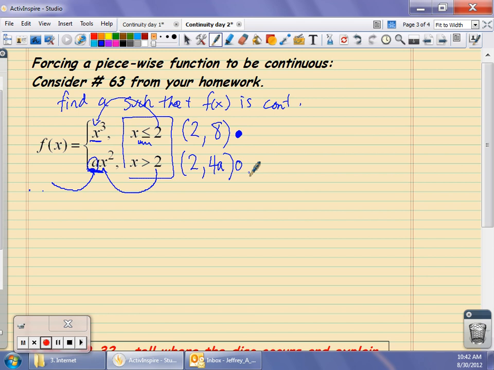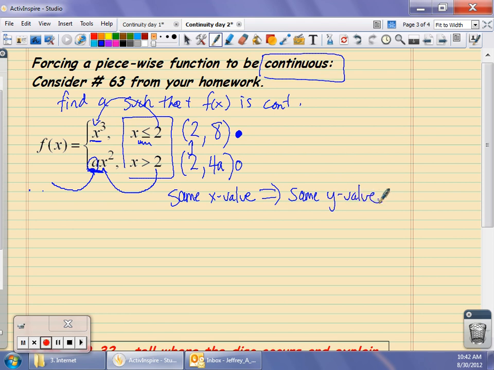Well, keep in mind, I'm trying to force the function to be continuous. If the function is going to be continuous, then this value of x has to generate the same y value. Otherwise, I'm going to have a discontinuity. In other words, if we have the same x value and we want the function to be continuous, then we have to have the same y value.